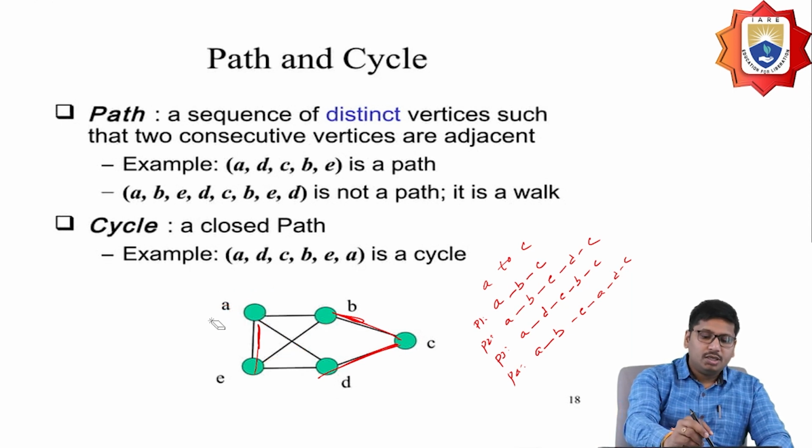B to E, E to D, D to C also forms a cycle. And A to B, B to E also forms a cycle.